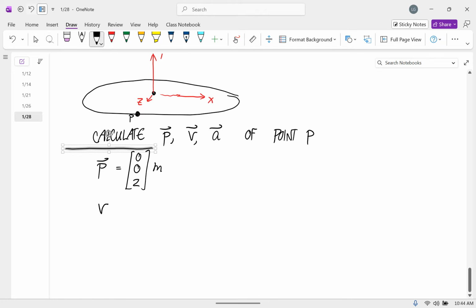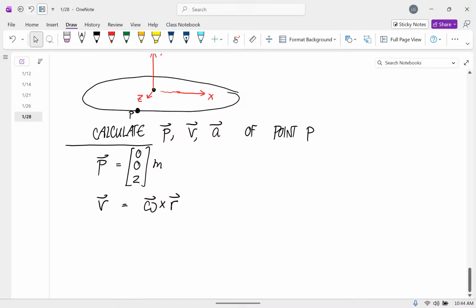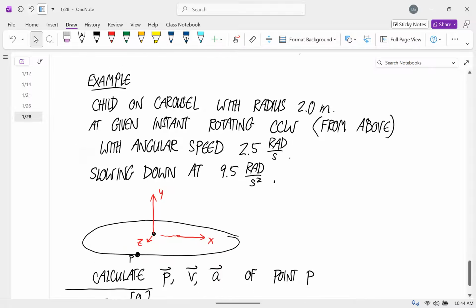So for the velocity now, we know that the velocity vector is equal to omega cross r. Let's figure out what omega and r are. So omega is going to have a magnitude of 2.5. We have to think about the direction of that rotation and use the right-hand rule to get the direction of the vector. From above, it says it's rotating counterclockwise.